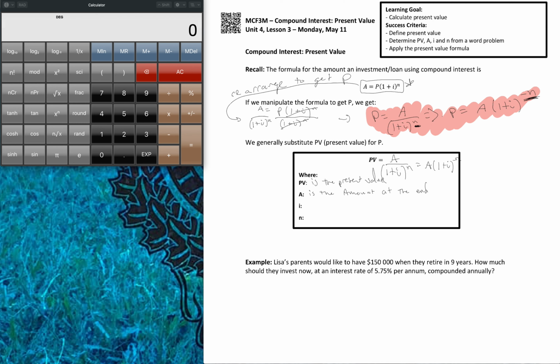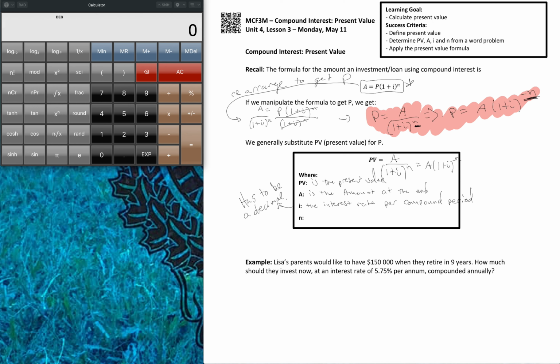I is again the interest rate per compound period. And by that you remember this has to be in a decimal in order to use it in the equation.